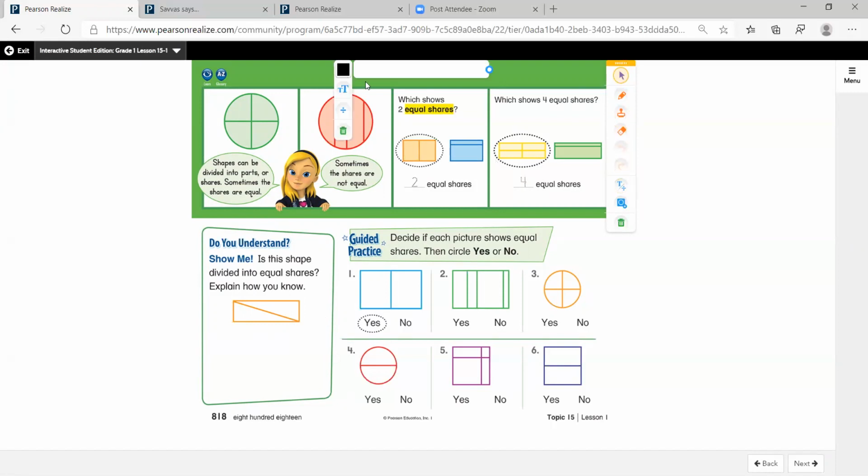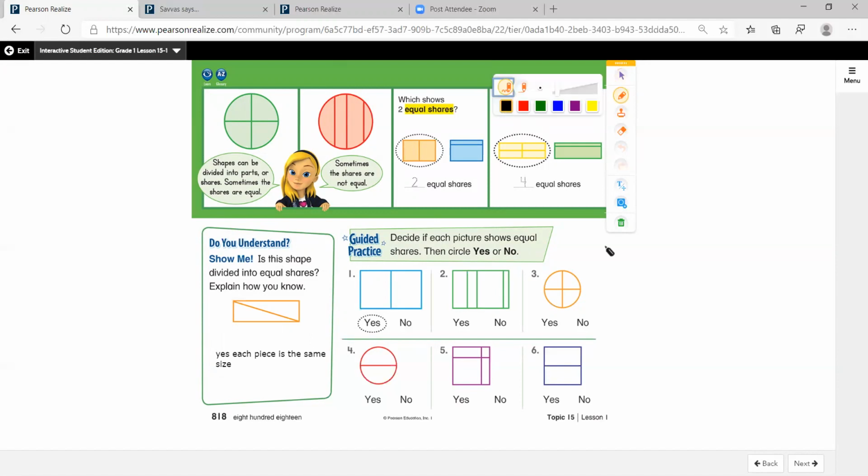If I look at each piece, I see that yes, they are divided into equal shares. I know they are equal because each piece or each share is the same size. If we were to cut out our 2 triangles here and match them up, they would be the same size. Remember, equal means the same.